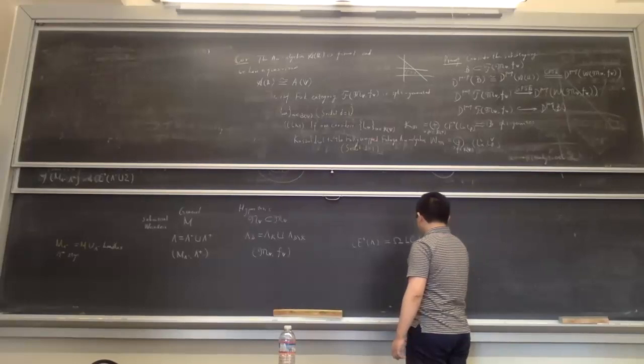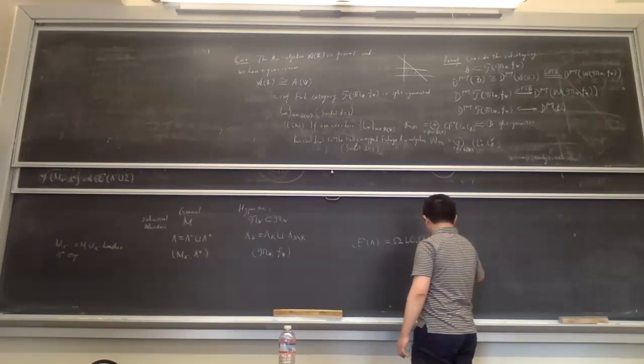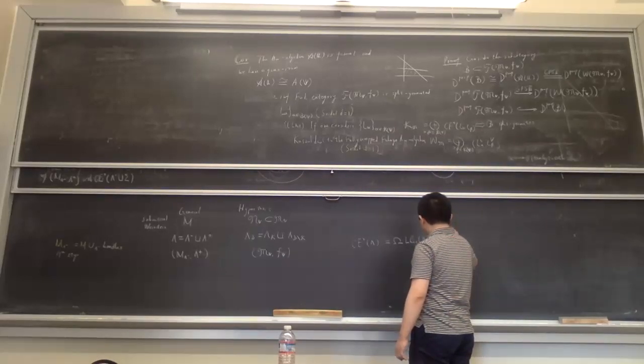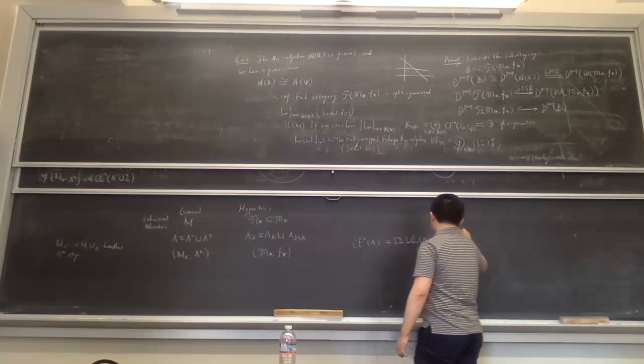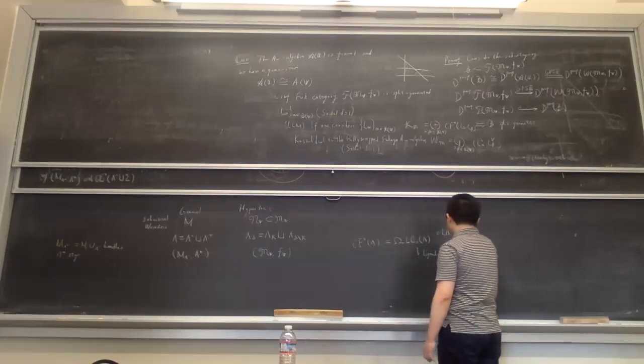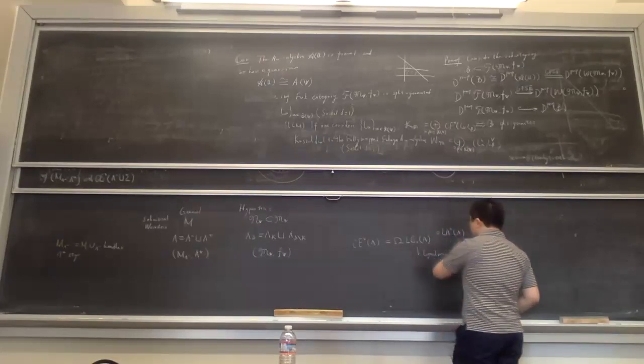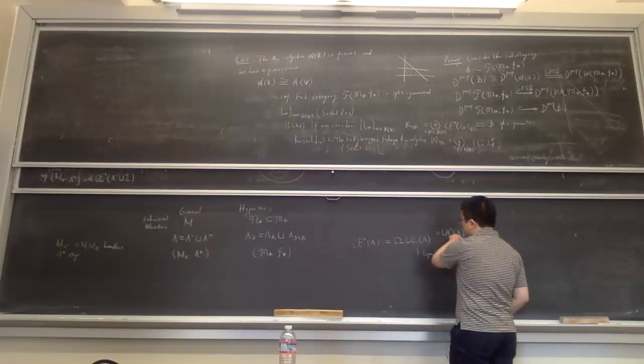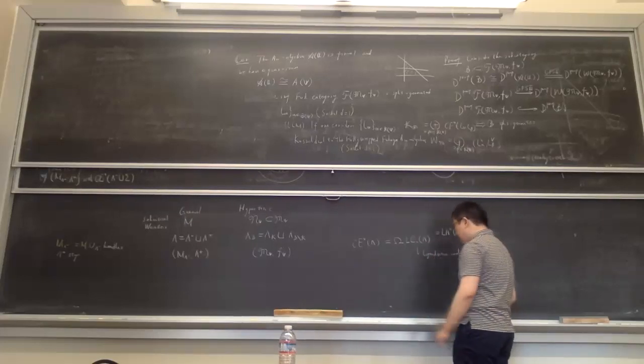This Legendrian co-algebra is actually the linear dual of something called a Legendrian A infinity algebra. But this Legendrian A infinity algebra is by definition the endomorphism of your infinitesimal Fukaya category.